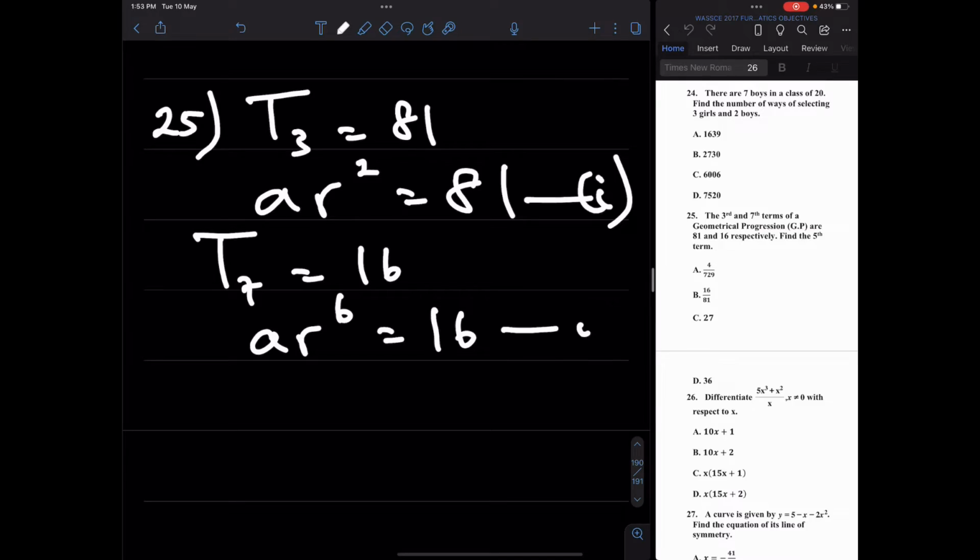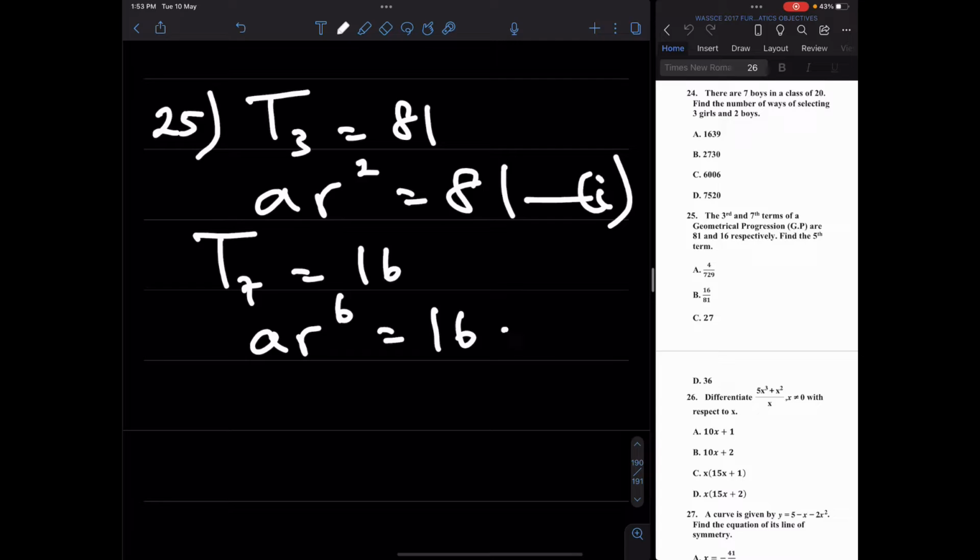So dy dx equals minus 1 minus 4x. For the line of symmetry, 0 equals minus 1 minus 4x.